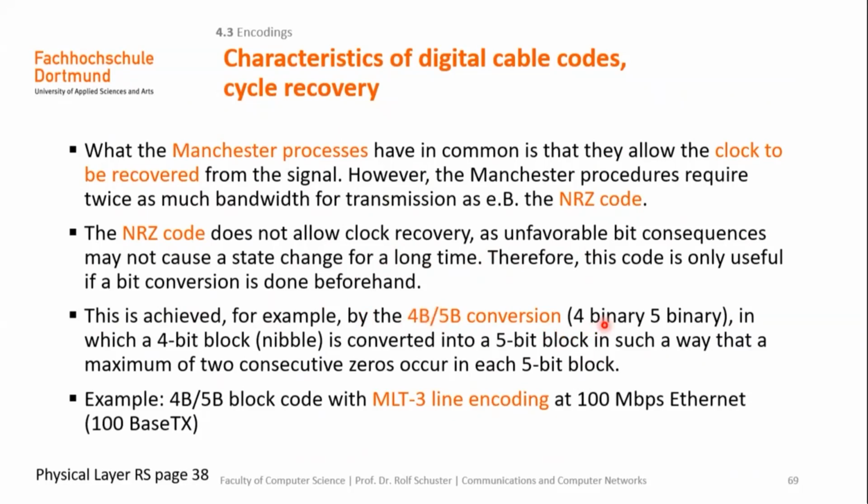The same information that is coded with 4 bits will be coded with 5 bits, and the combination of those 5 bits is a combination that has at least a bit change. And in that way, we could use the combination of this coding with the NRZ coding to provide a particular self-clocking coding.